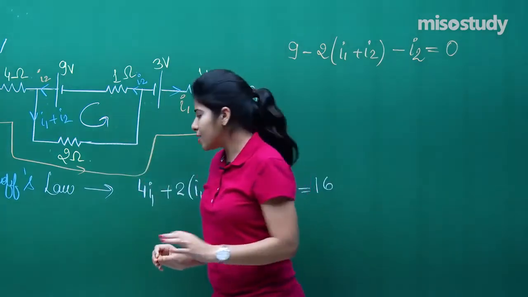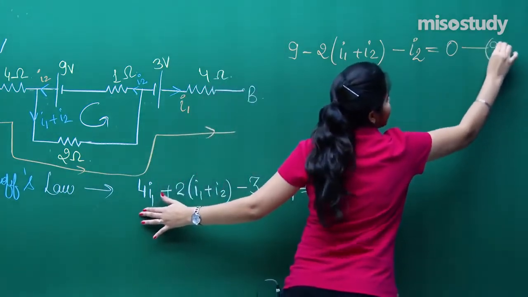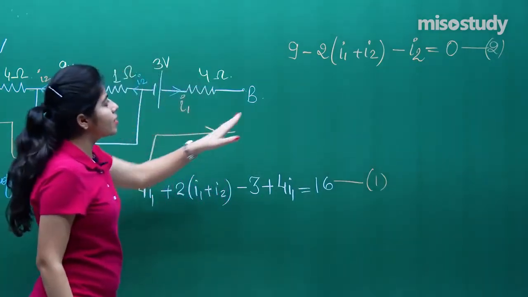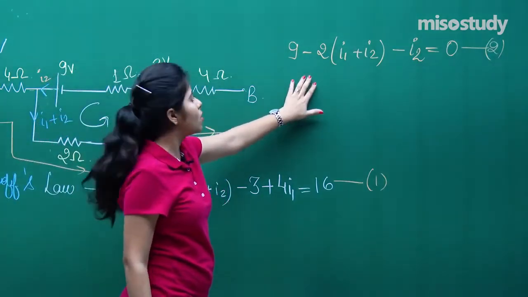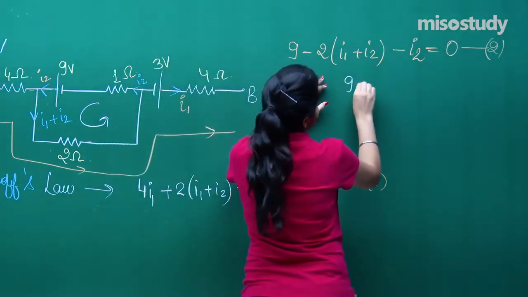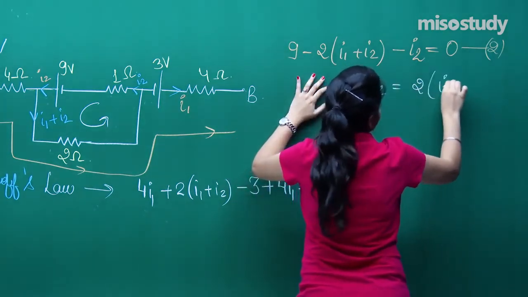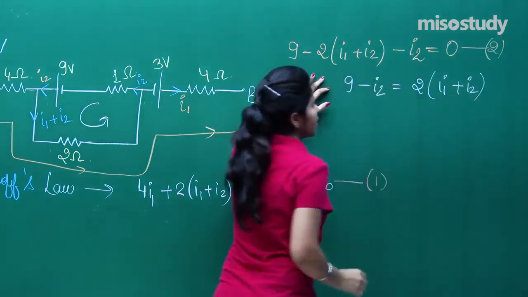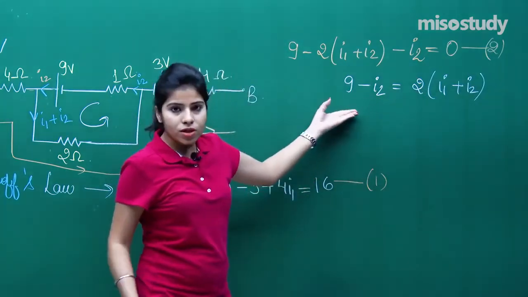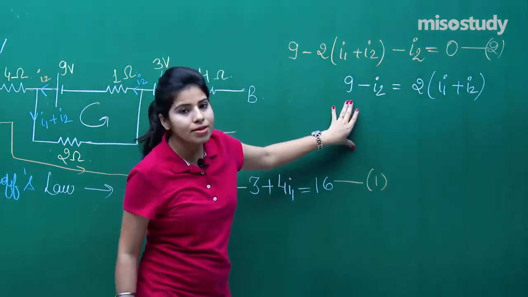Now from here I can consider this as equation number 1 and this as my equation number 2. What I can do from here is find the value of 2I1 plus I2. So that will be 9 minus I2 equals 2I1 plus I2, right? So 2I1 plus I2 is equal to 9 minus I2.